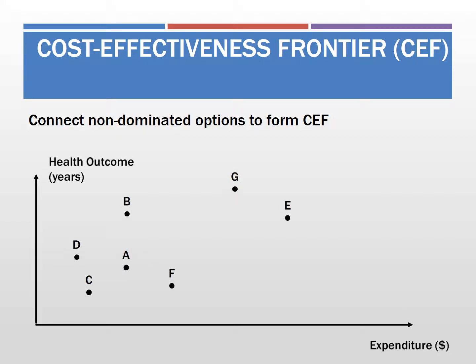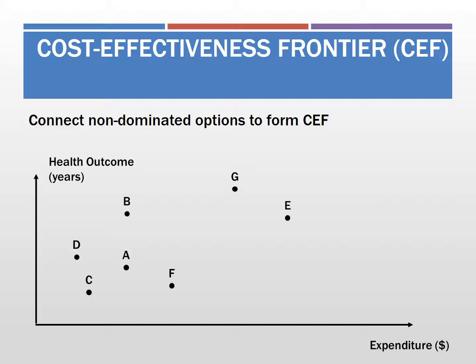So the way we are going to do it is to connect all the non-dominated options to form this cost effectiveness frontier, the CEF. We always start with the origin, where people spend 0 dollars and gain 0 years.